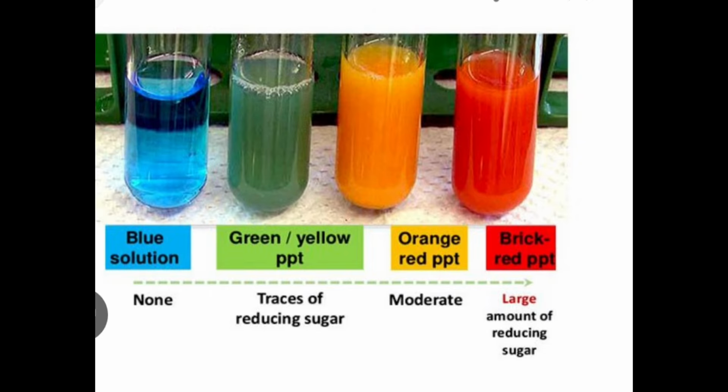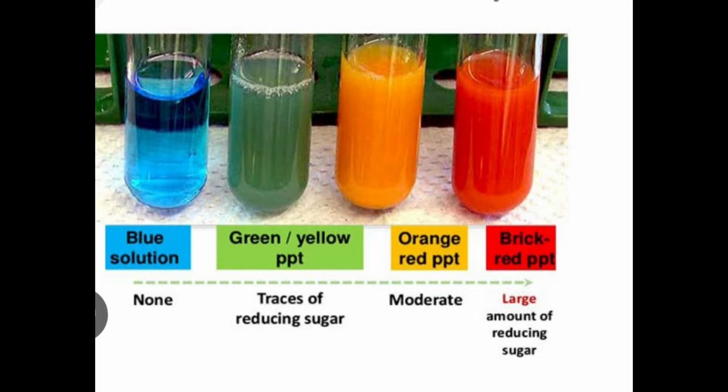If you observe a blue solution, it means that reducing sugar is absent. If you observe a green to yellow color, it shows that there are traces of reducing sugar. If you observe an orange color, it means that reducing sugars are present in a moderate amount.